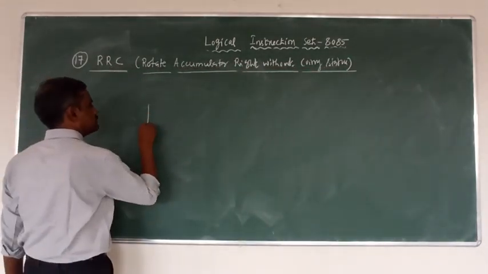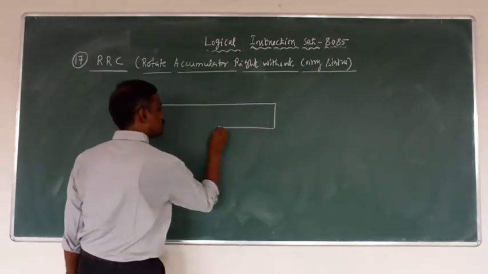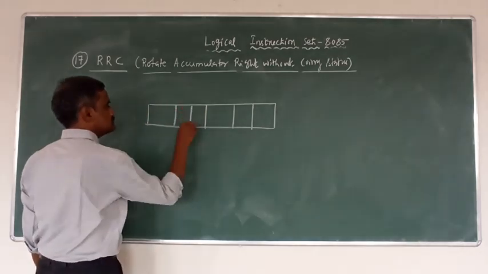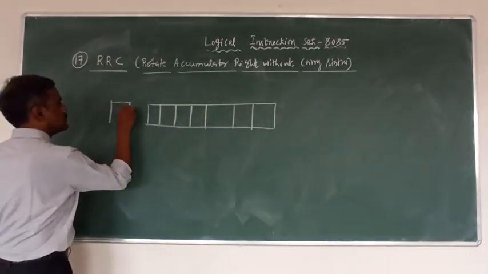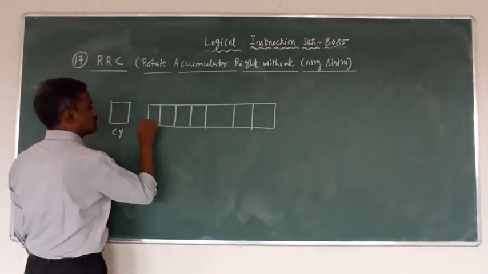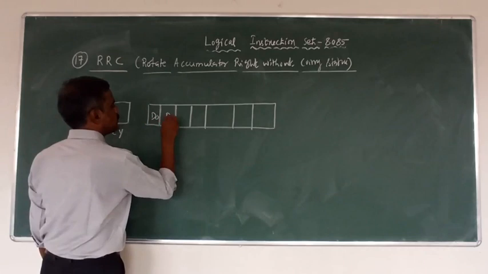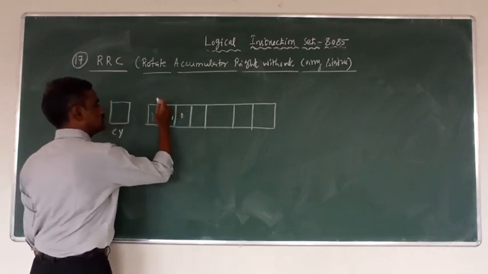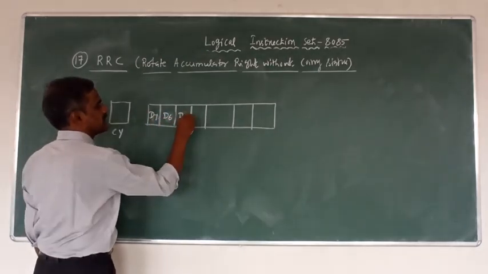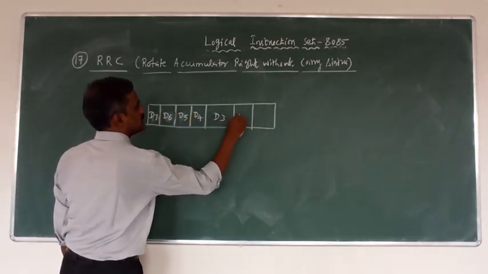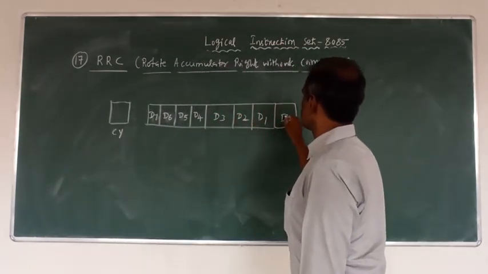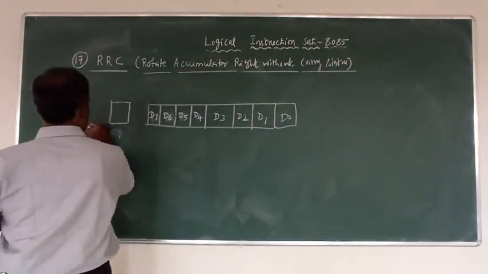The bit format: this is for CY, D7, D6, D5, D4, D3, D2, D1 and D0.